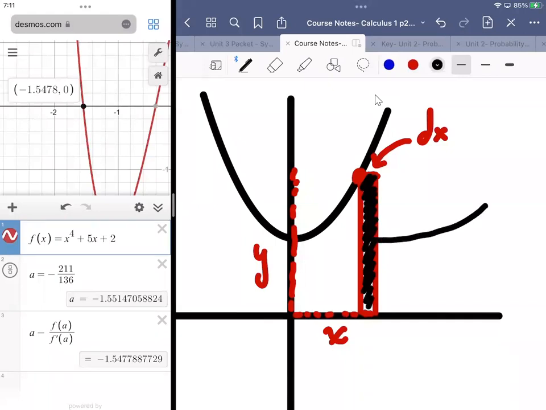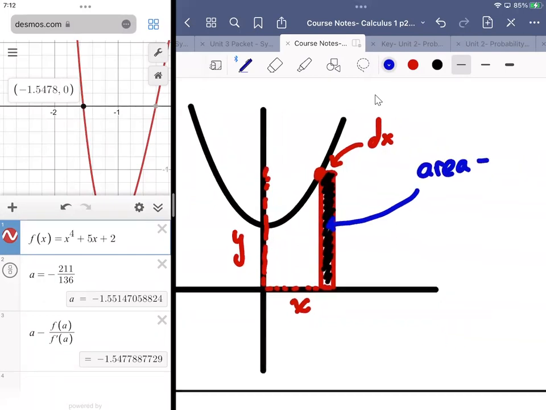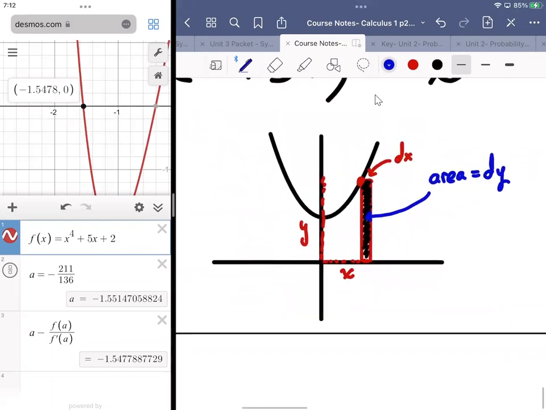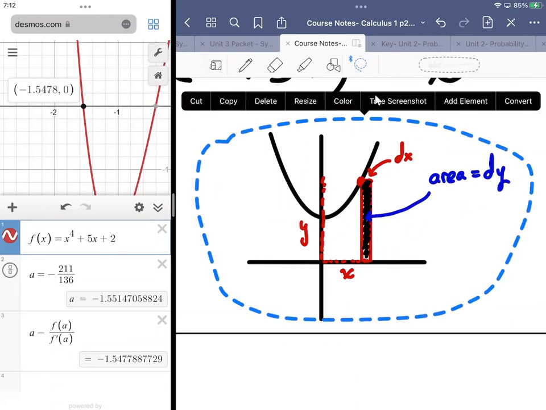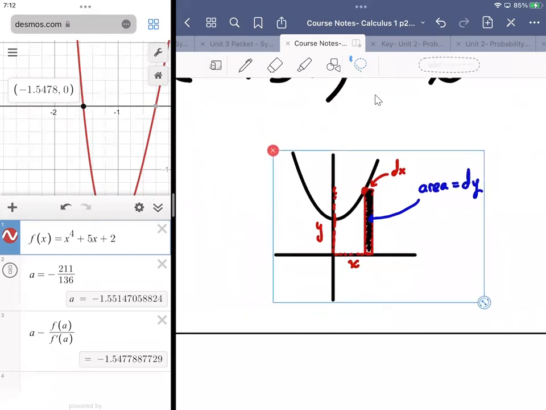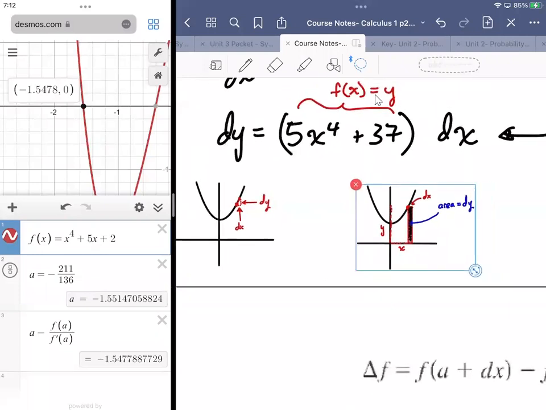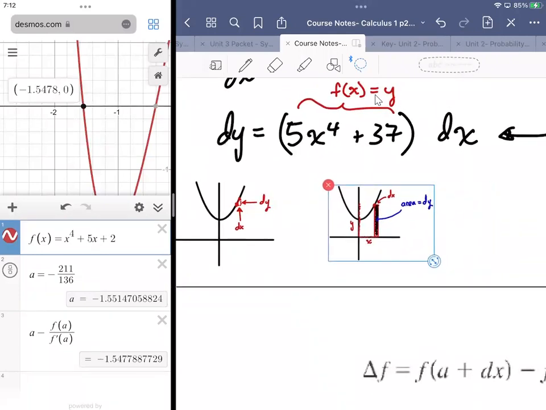That area, let me do that in a different color, that area is equal to dy. So what it's really telling us is that dy, even though it represents an infinitesimal vertical change, it's also going to represent something completely different, all based off of just the way we look at an equation.